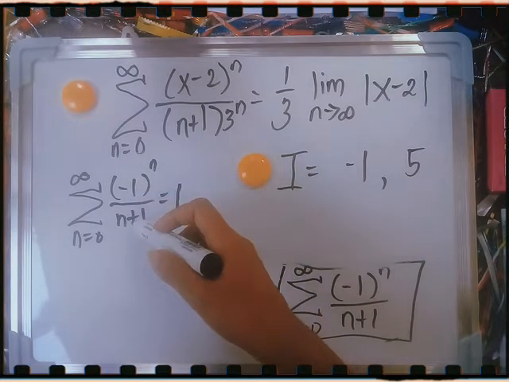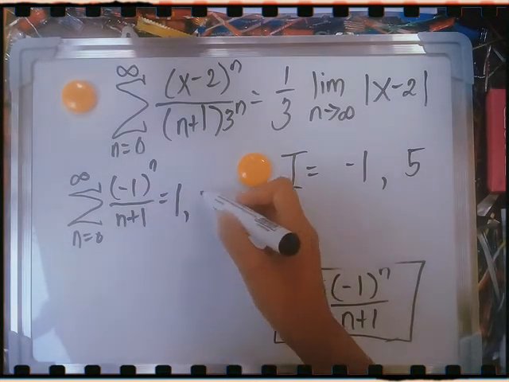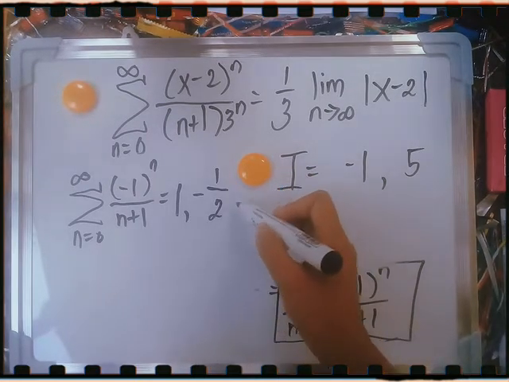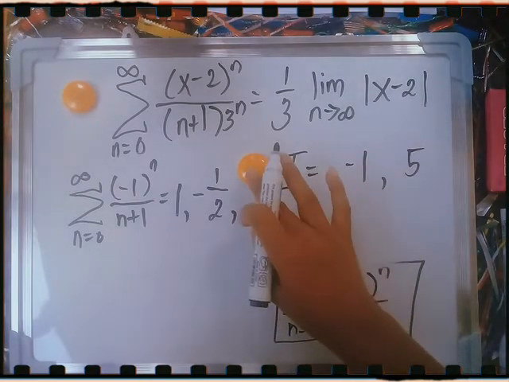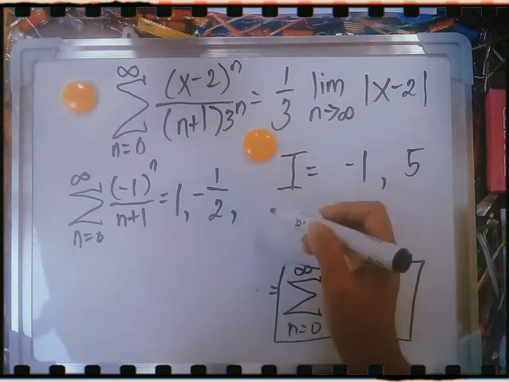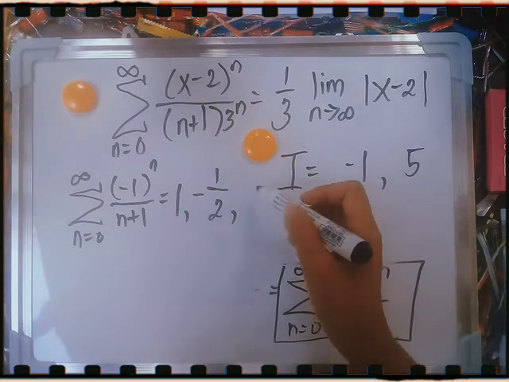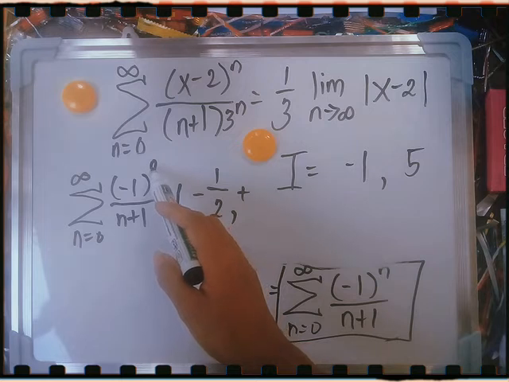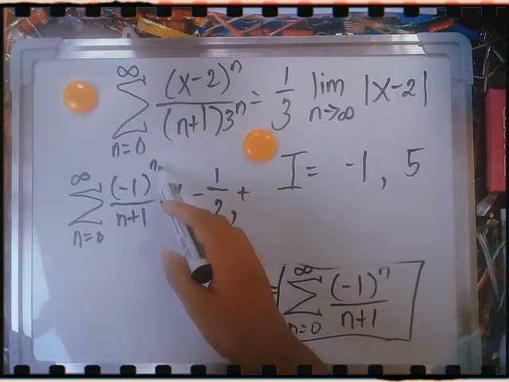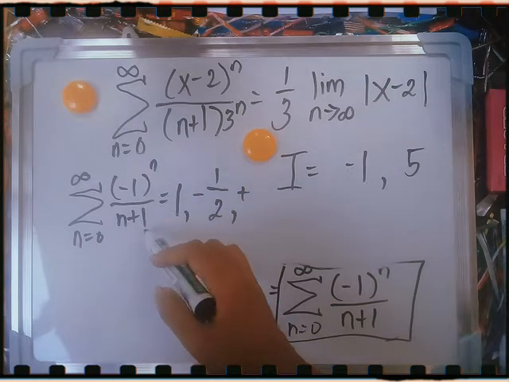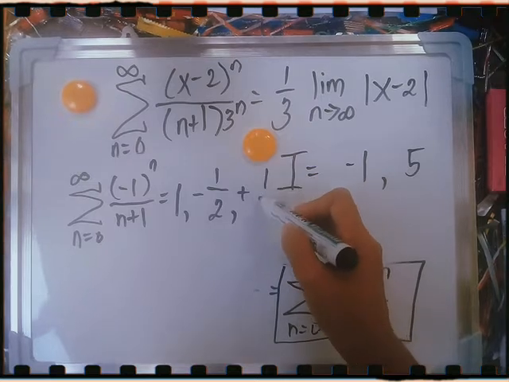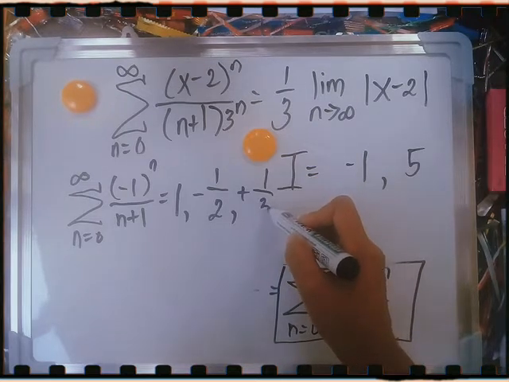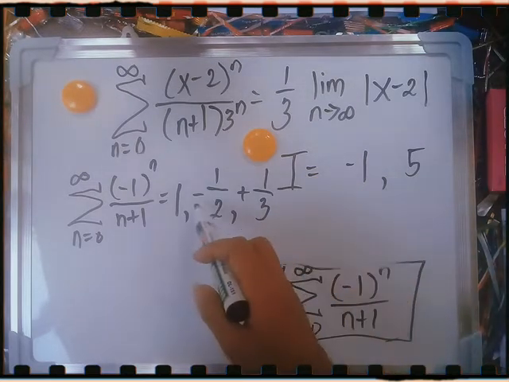So negative 1 over 2. And then for the third one, we have plus, so plug in the 2 for n, we have 1 over 3, positive. It's alternating.